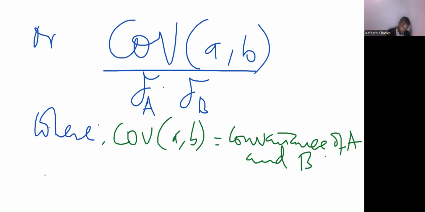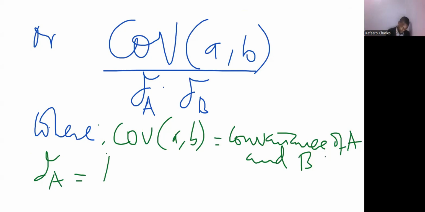Then, of course, this represents the standard deviation of A and B. In other words, you can call it standard deviation or risk, because we know the measure of risk is what we call standard deviation.